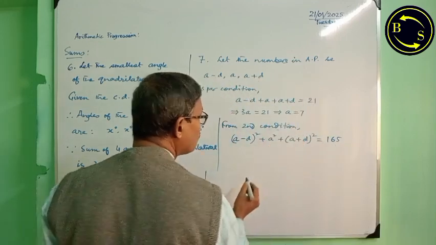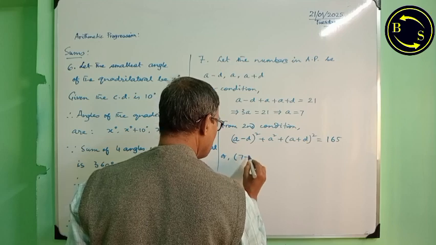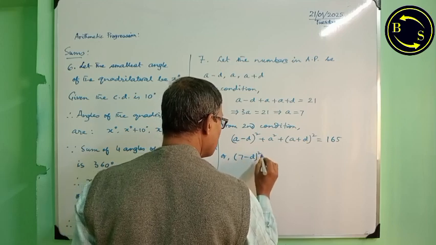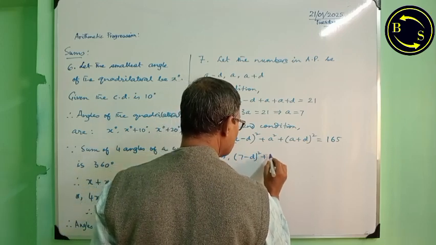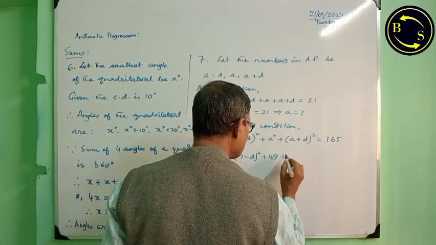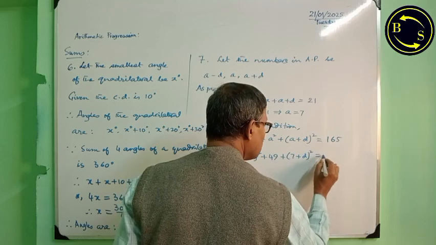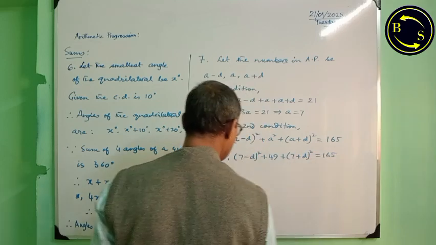Now already we have got the value of a, so 7 minus d whole square plus a square means 49 plus 7 plus d whole square is equal to 165.